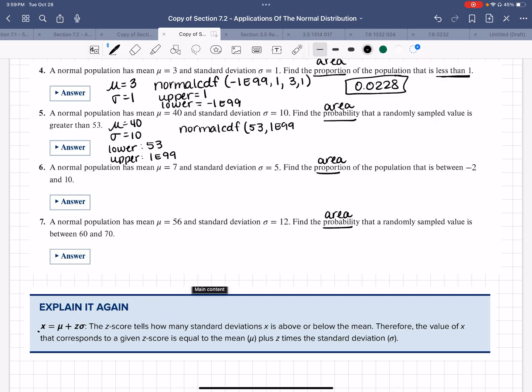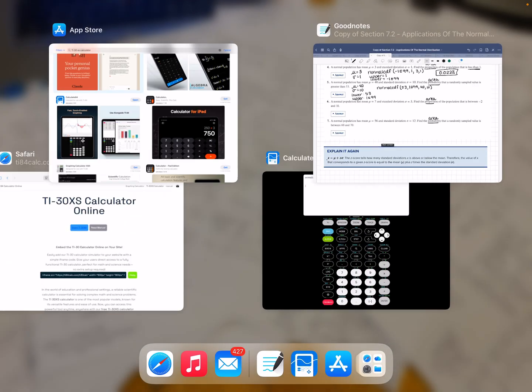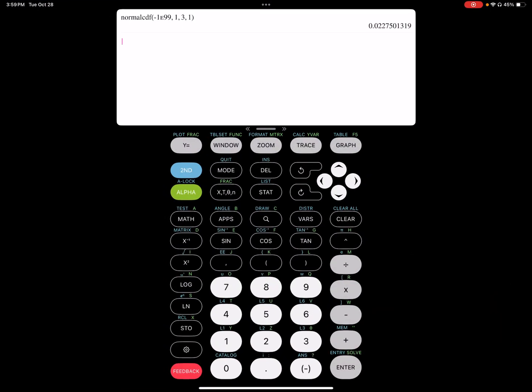Okay, then I have my mean, which is 40 here, and then I have my standard deviation, which is 10. Okay, so I go over to my calculator and I'm doing second vars 2 again, and I'm going to put in, this time we said that 53 was my lower.